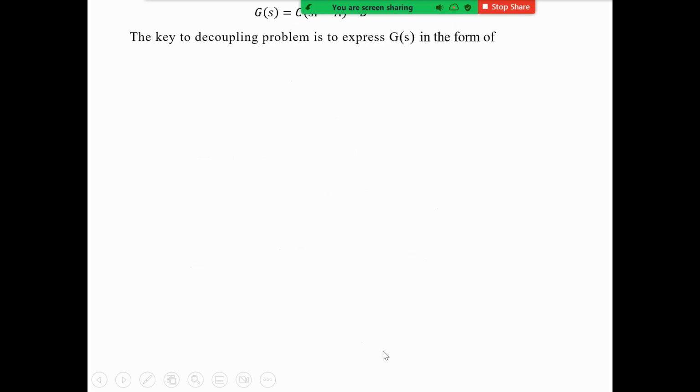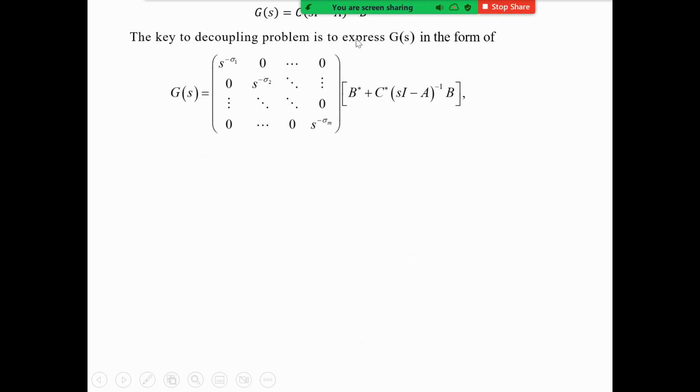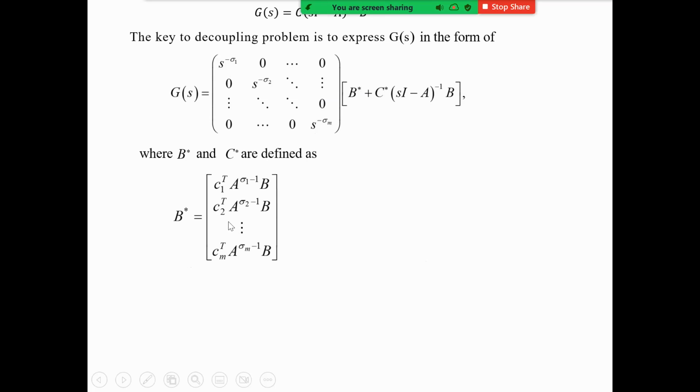Once you know sigma_i, we can prove that the transfer function G can be written in this way: a diagonal matrix times another matrix, where B star and C star are computed with this formula, and those sigma_i are already determined.